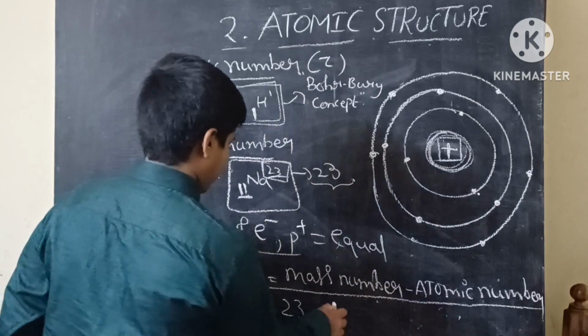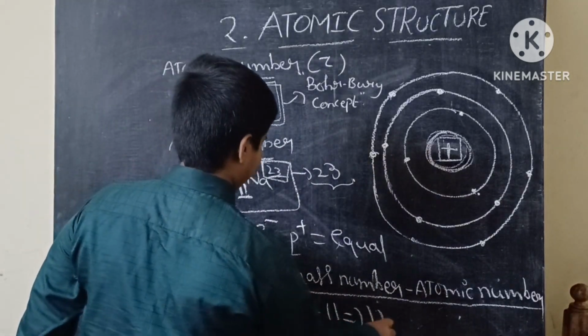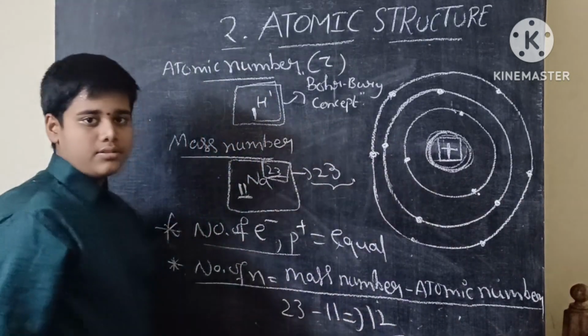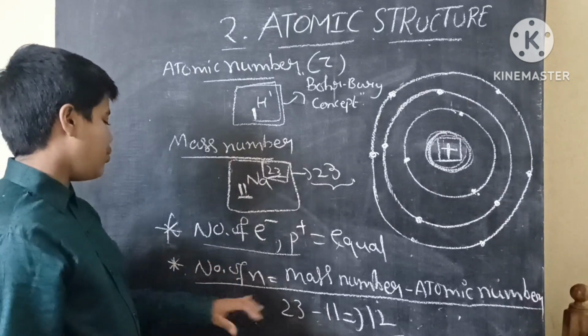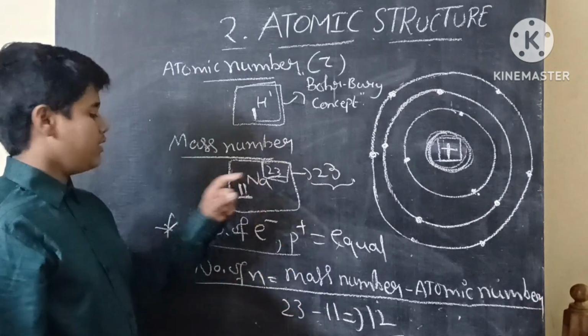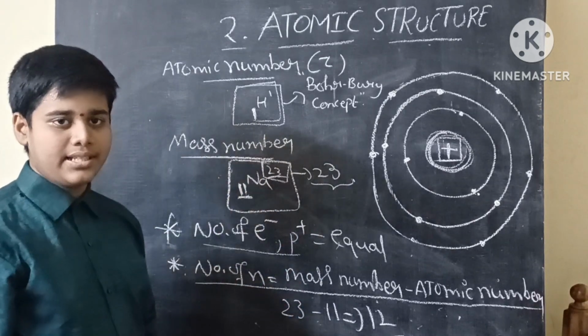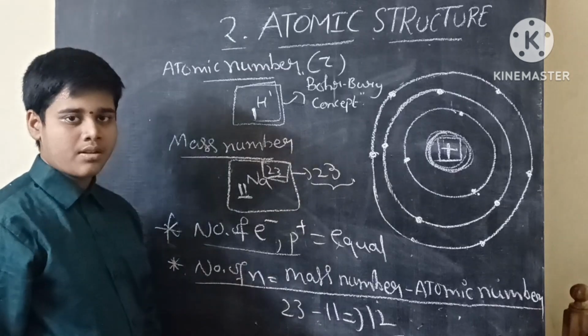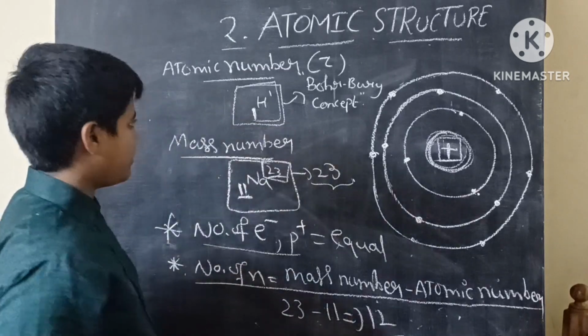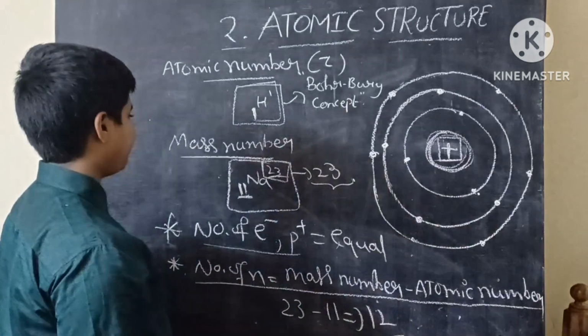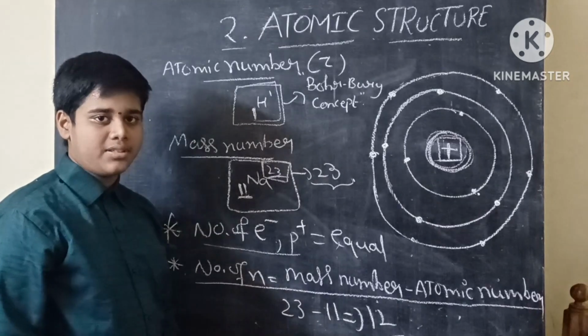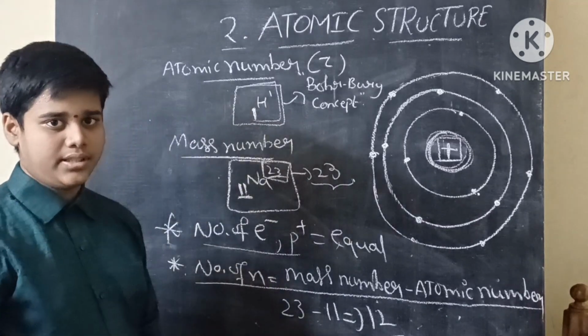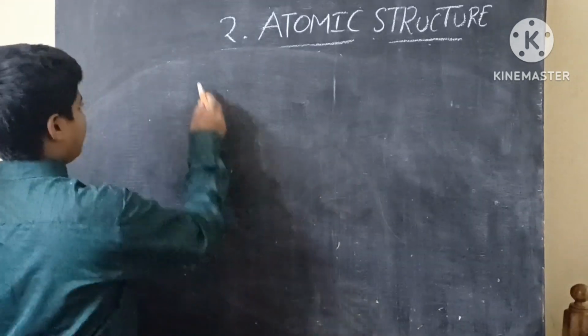So subtract 11, which means 12. Okay, so here we can say that 12 neutrons are there in sodium atom, for single sodium atom. Okay, so this is the concept: atomic number, mass number, how to find electrons, protons, neutrons.